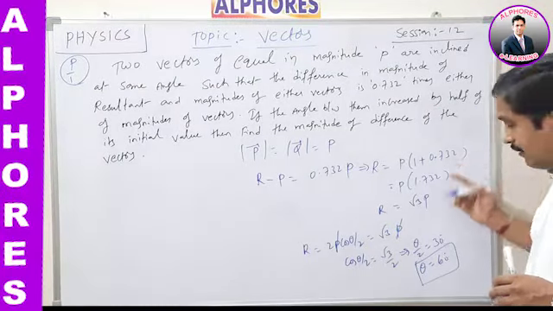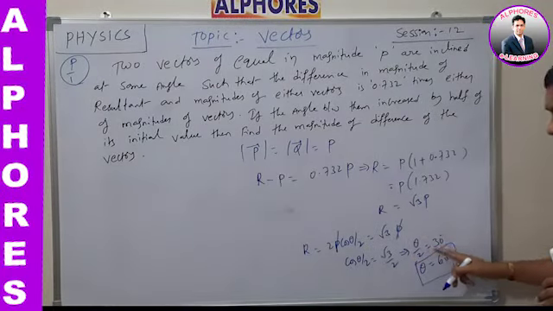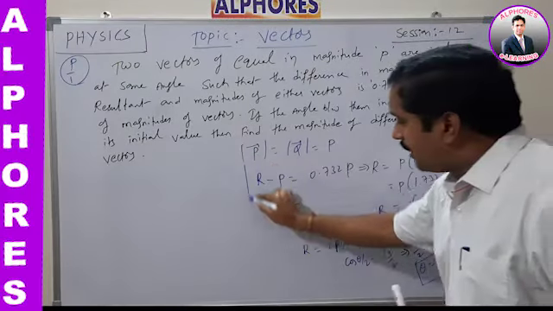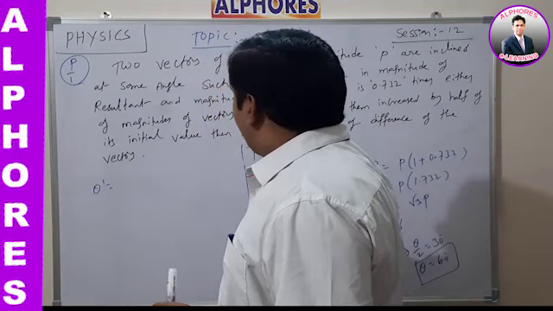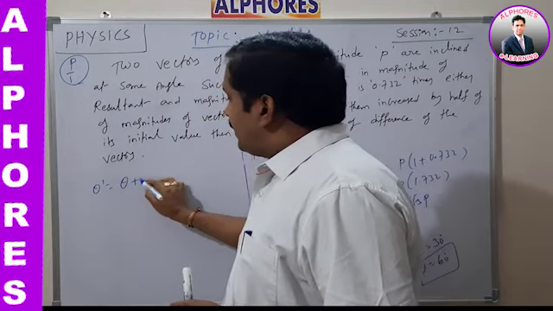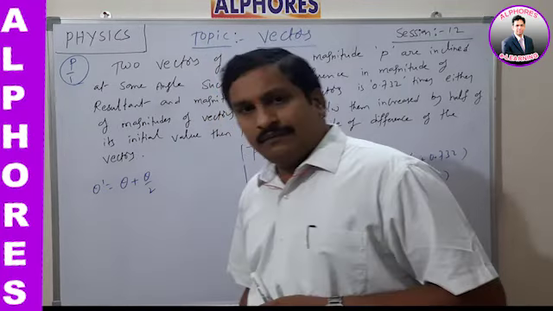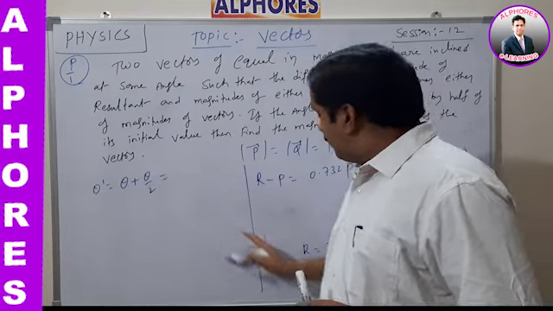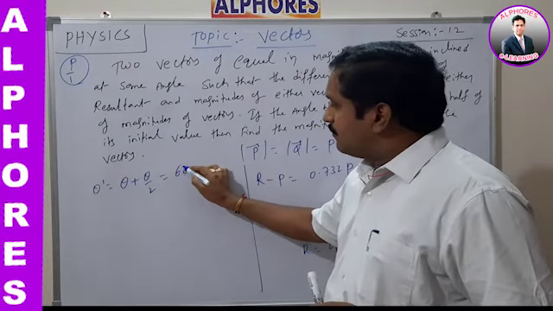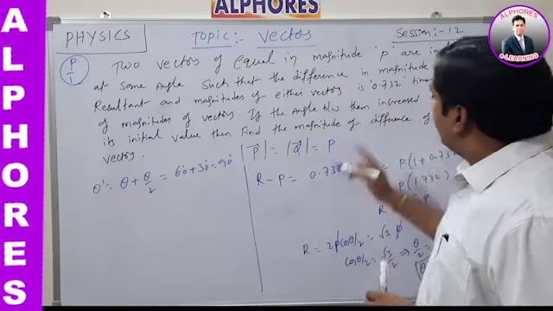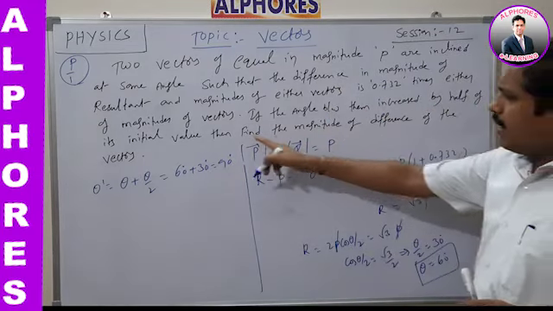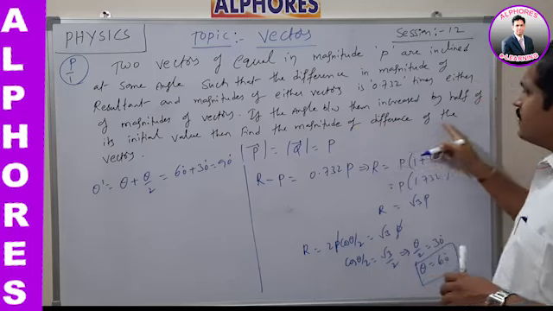Half of this value, theta by 2, is equal to 30 degrees. That means what is the final angle? Theta dash is equal to 60 degrees plus 30 degrees, that means 90 degrees. Okay.